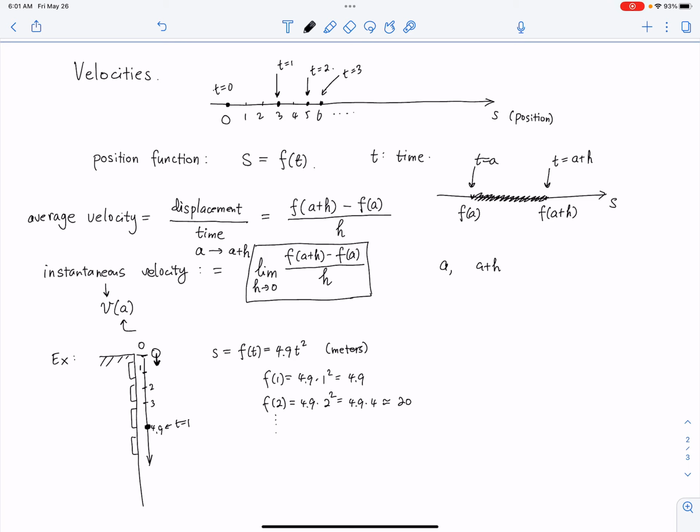So we have this instantaneous velocity, okay, at any point. So this is instantaneous velocity at time a. Okay, a could be any second, 1, 2, 3, and so on. So this is the limit, right? It's right here. This is the limit of f(a+h) minus f(a) over h.